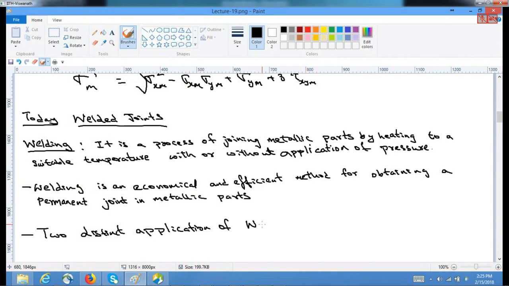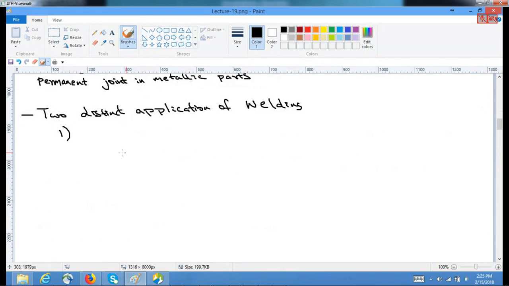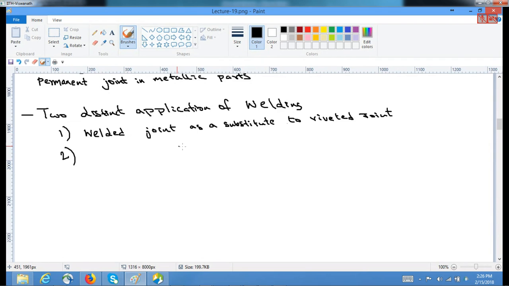The first one is a welded joint as a substitute to a riveted or bolted joint, and the other application is a welded structure as an alternative to casting or forging.